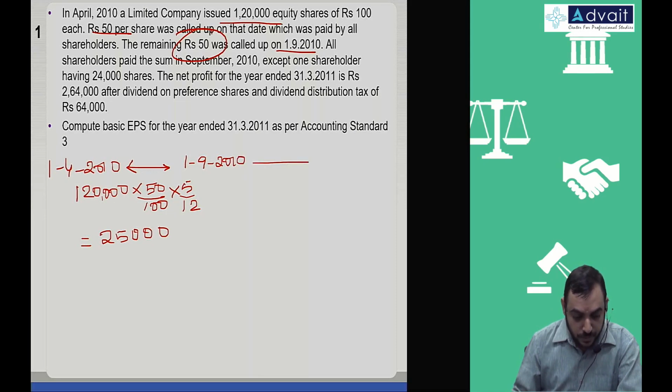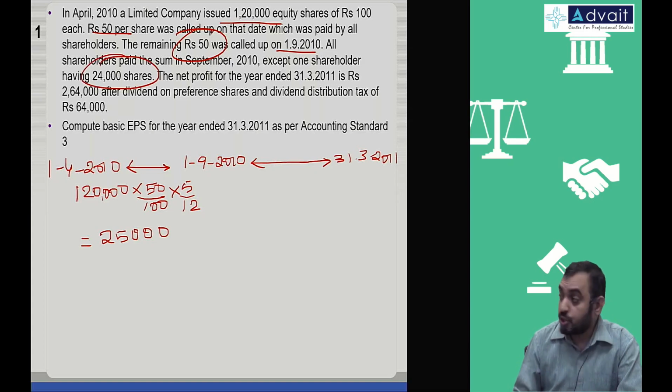Now from 1st of September to 31st of March 2011, the remaining amount was called up, but one person having 24,000 shares did not pay. So what about the full amount then? Only for the balance, that is 1,20,000 minus 24,000 shares.